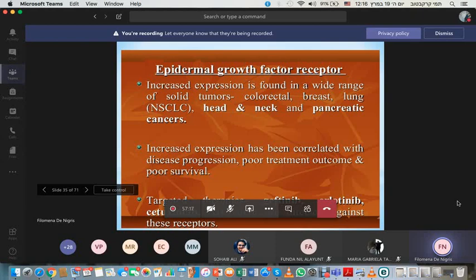We can use this receptor to monitor if we can treat these patients. So this receptor is useful to stratify the patient on the basis of the treatment that we can use. It's a system to personalize treatment.